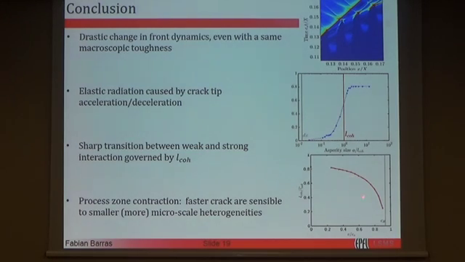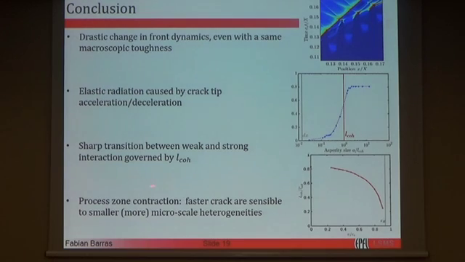And we observe with these simulations that the scale that controls this phenomenon is the process zone size, and we can certify it by varying the toughness ratio as well as the crack speed. And finally, we also see that this process zone size is not constant with the velocity. It shrinks as the crack speed moves toward the Rayleigh wave speed.